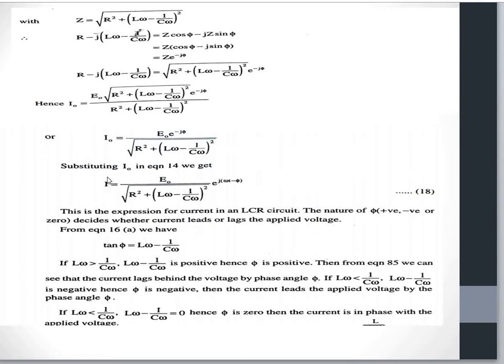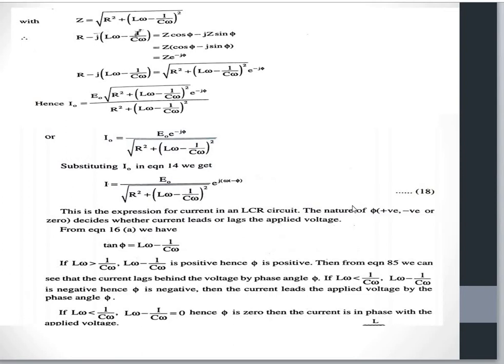So when we substitute into I is equal to I0 e raised to j into omega t minus phi, I0 is this quantity. So I is equal to E0 divided by square root of R square plus L omega minus 1 by C omega, the whole square, into e raised to j omega t minus phi. Okay. This is the expression for the LCR circuit.